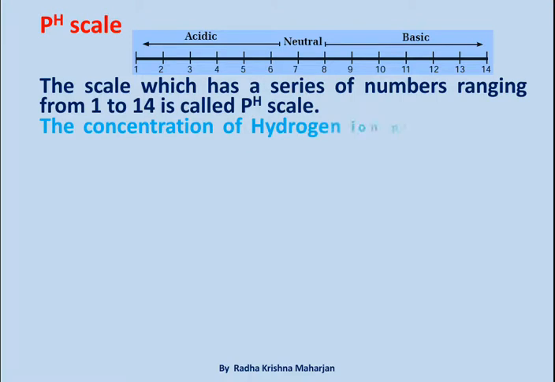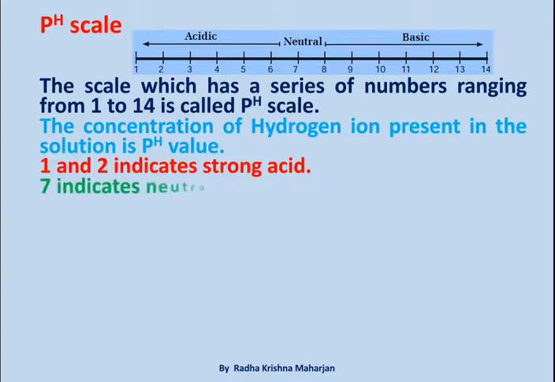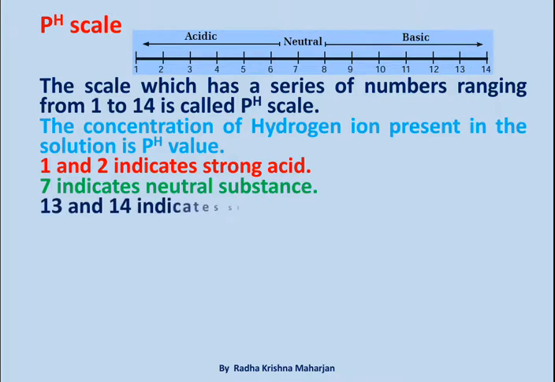The concentration of hydrogen ion present in the solution is pH value. 1 and 2 indicates strong acid. 7 indicates neutral substance. 13 and 14 indicates strong base.